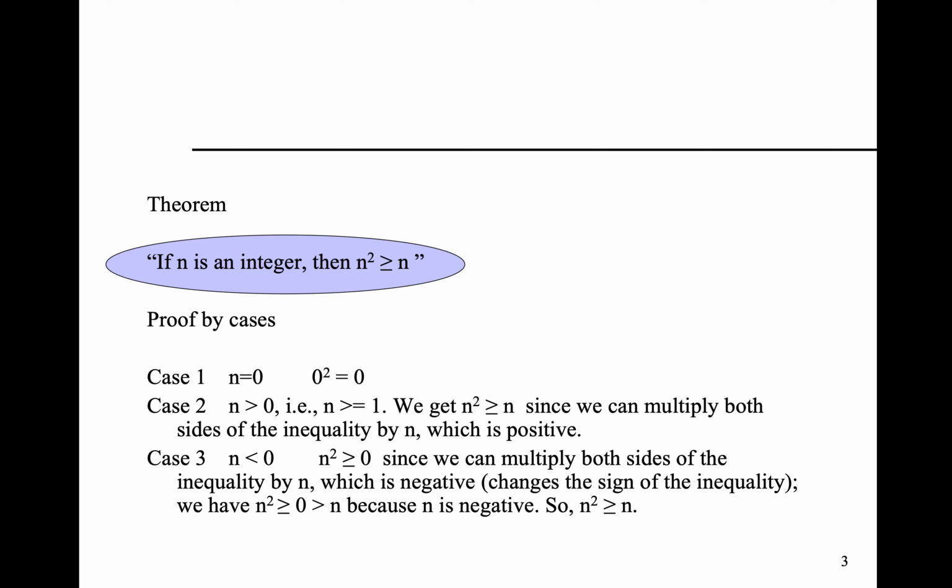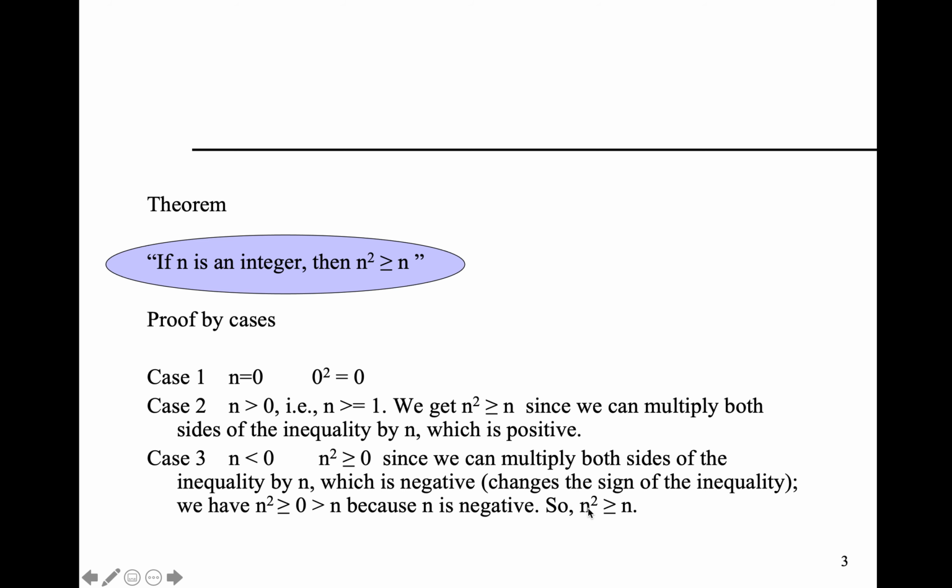The third case is n is less than 0. Although n is less than 0, n square has to be greater than or equal to 0. We can again multiply both sides of the inequality by n, but it's negative, so it changes the sign of the inequality. In this case, we end up with n square is greater than or equal to 0, which is greater than or equal to n, because n is negative.